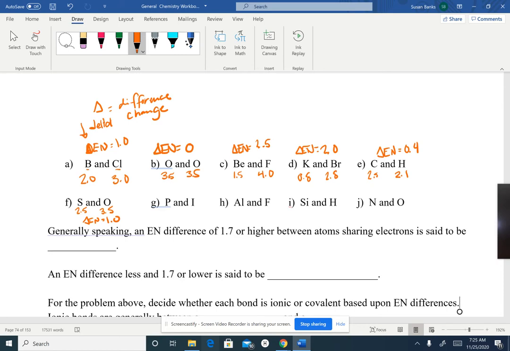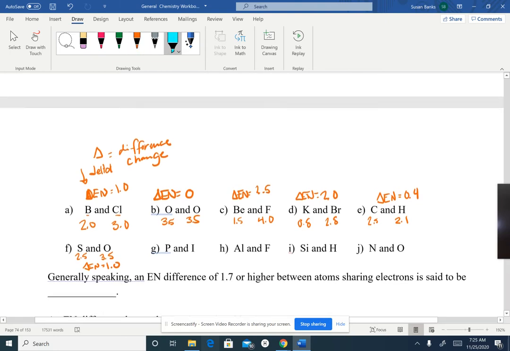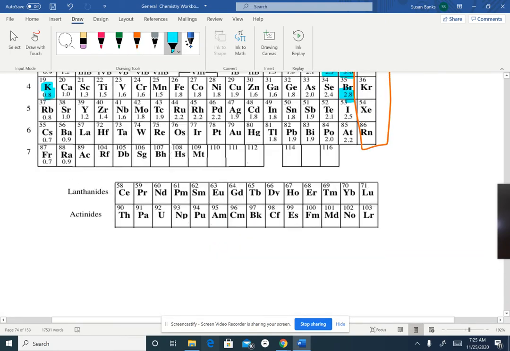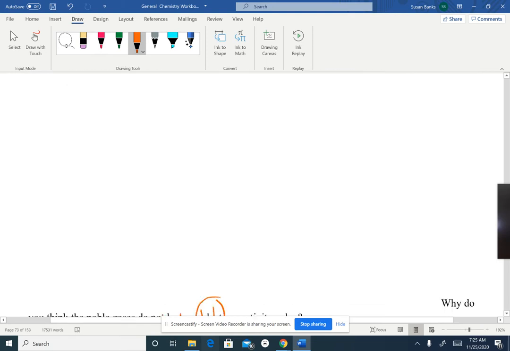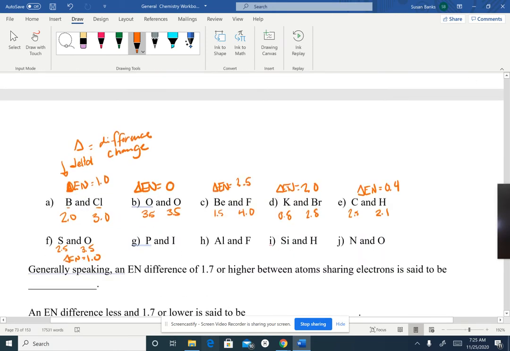Let's take a look at those guys. Phosphorus we have 2.1 and iodine we have 2.5. So let's put those values down there, 2.1 and 2.5. The difference here is 0.4.